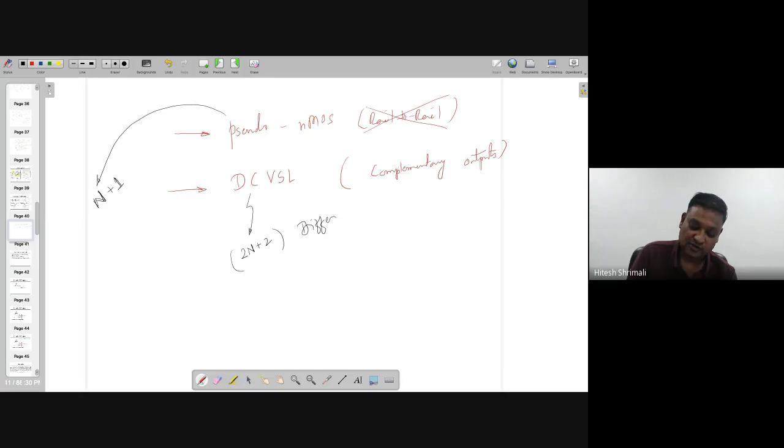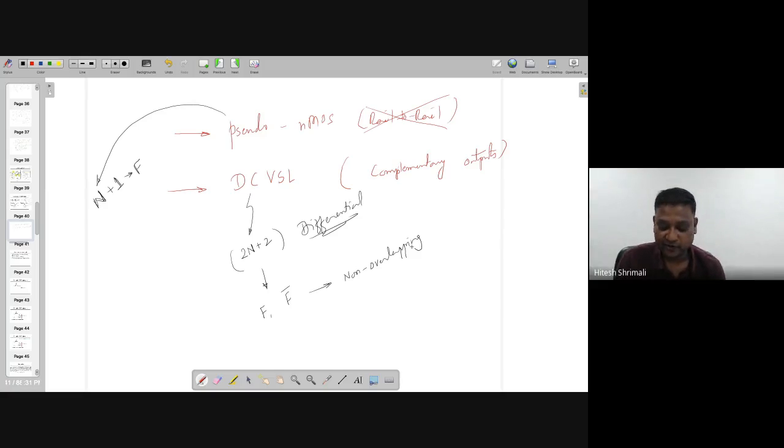So it does not only create function F, it's also creating F and F bar. Both are non-overlapping. So that's an advantage. But still I want to find a technique where I use the minimum number of transistors. Still these transistors are more.